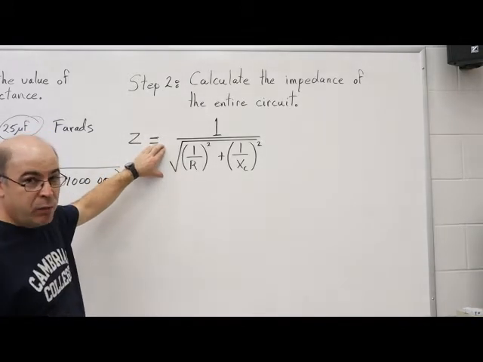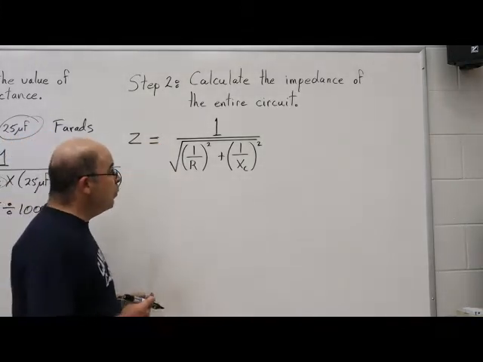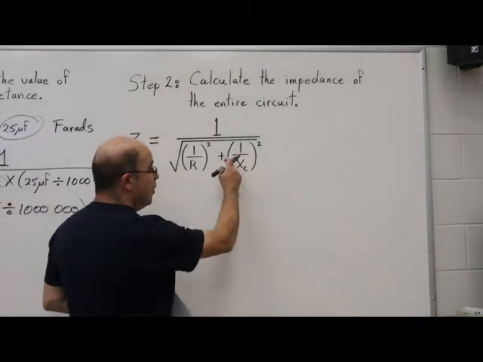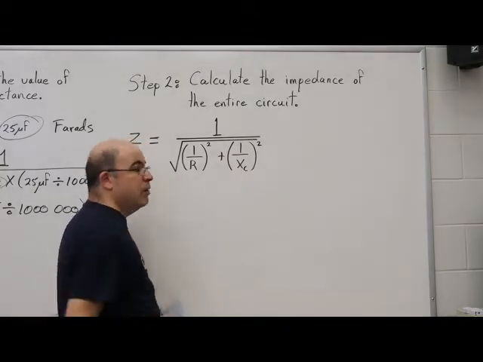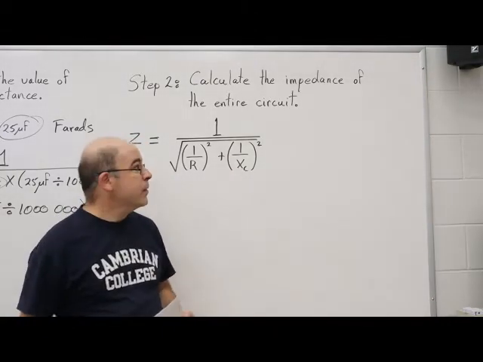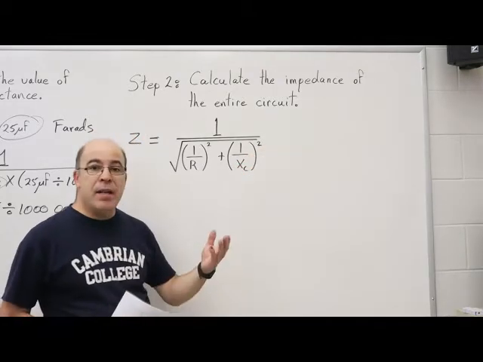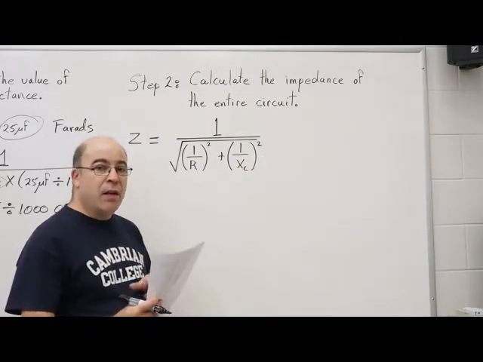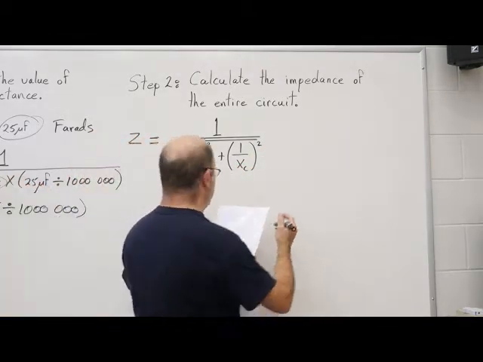We've encountered a formula like this before, but what has changed is just that we're calculating for the value of capacitive reactance. I'm going to go ahead and input the values that we've got from our circuit.